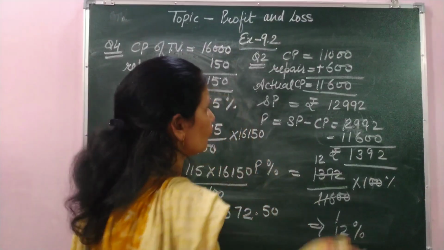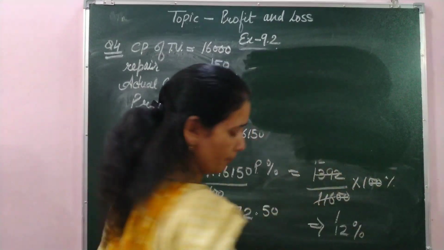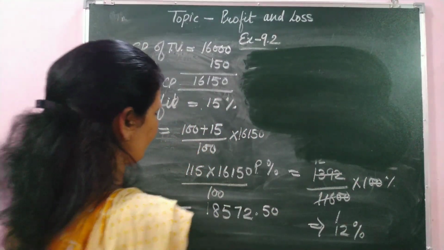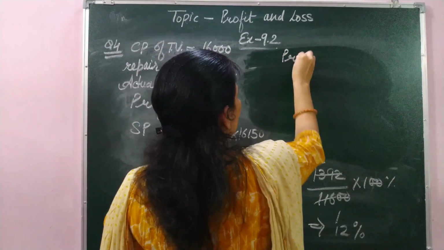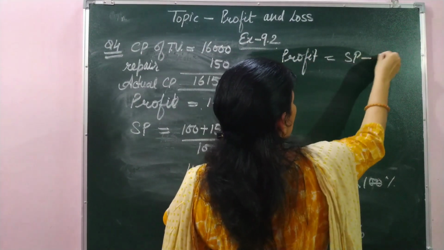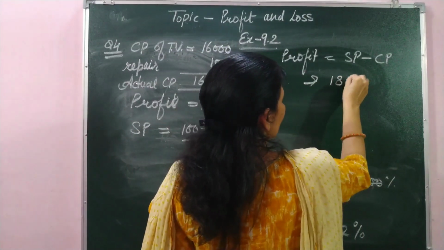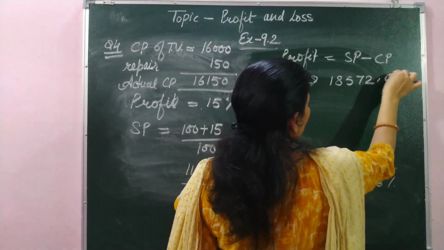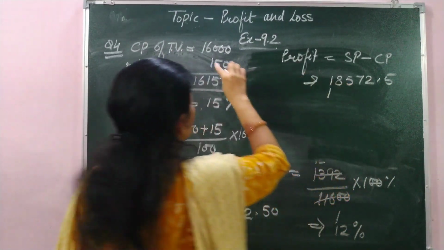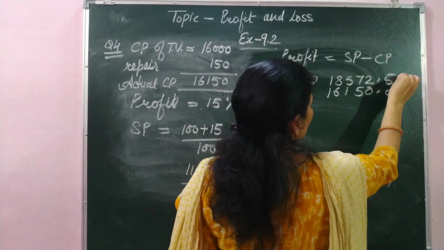And to find how much amount she gained, because the gain has been given in the form of percentage, to find the profit, SP minus CP. So SP is rupees 18,572.50 and CP is 16,150.00.